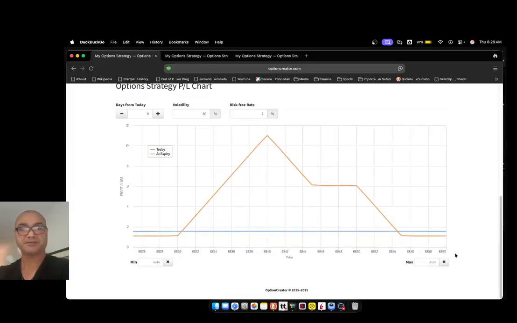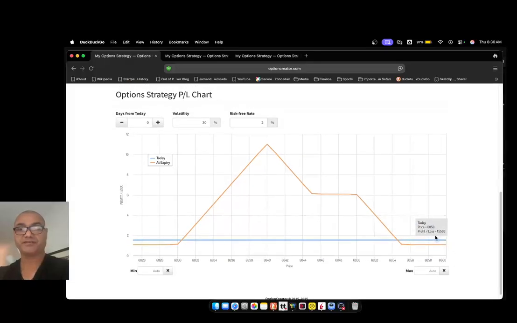So under this structure, we have a worst case scenario of $110 profit. We have a $1,110 bingo slot on our bingo card, and that's at the 40 strike. And then we have a plateau between 45 and 50 of $500, and then a descending profit zone between 50 and 55, with the worst case scenario being 110.